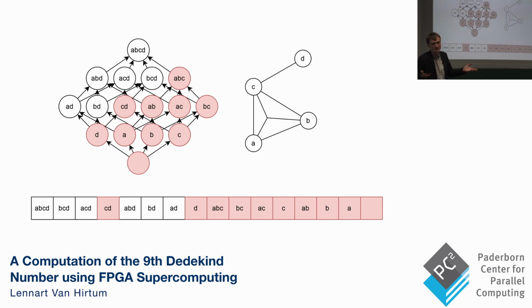That's the only rule. So counting these Boolean functions is counting how many of them satisfy this property. The total number of Boolean functions is pretty trivial: it's just 2 to the power of 2 to the power of n.